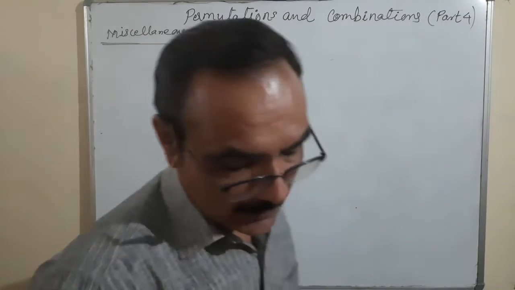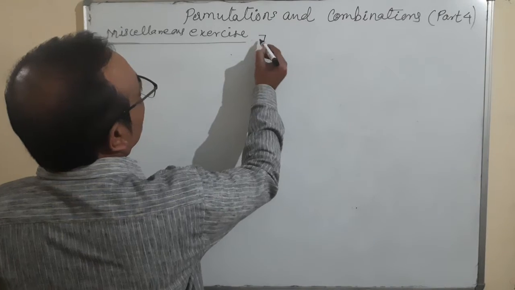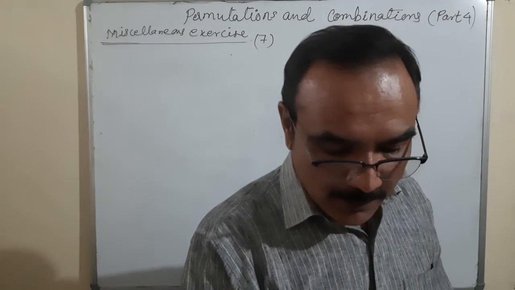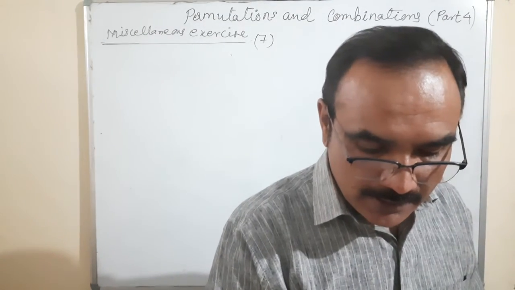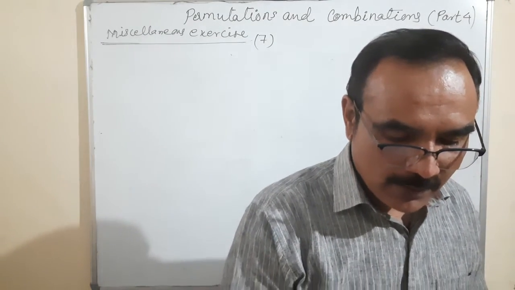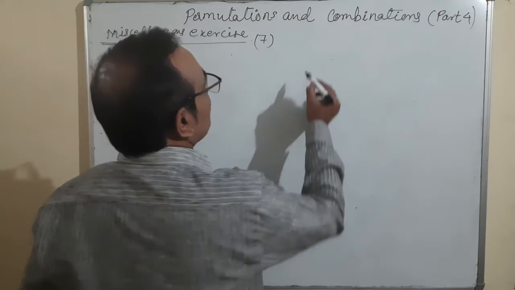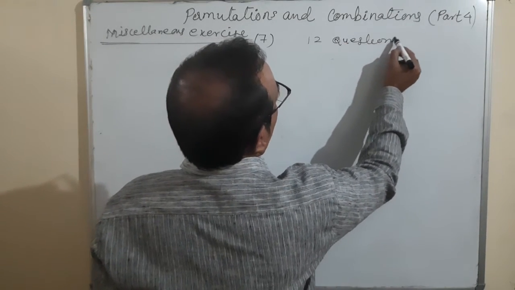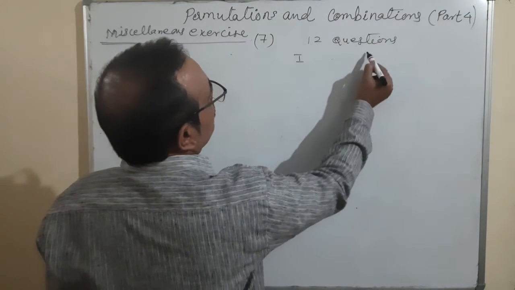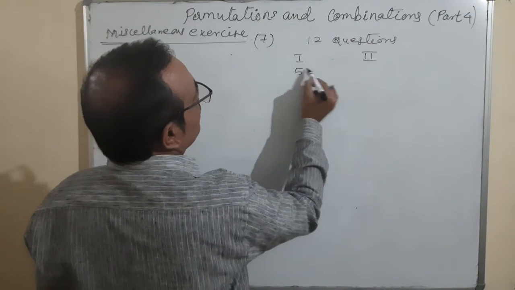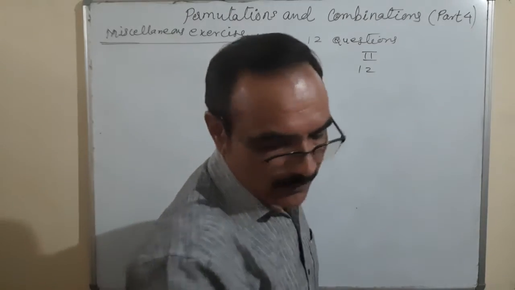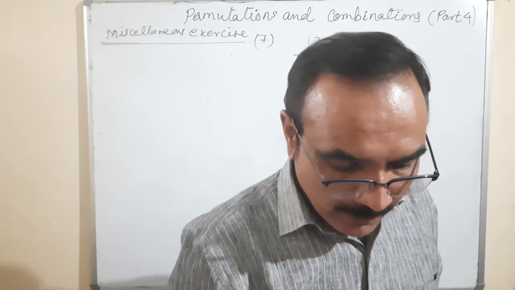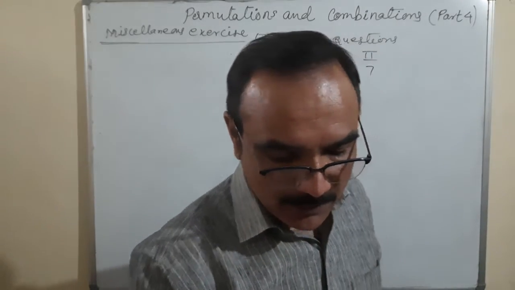Okay, let us see question number 7, which says, in an examination, a question paper consists of 12 questions divided into 2 parts, part 1 and part 2, consisting of 5 and 7 questions respectively.